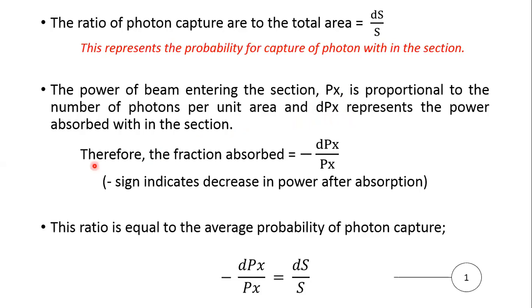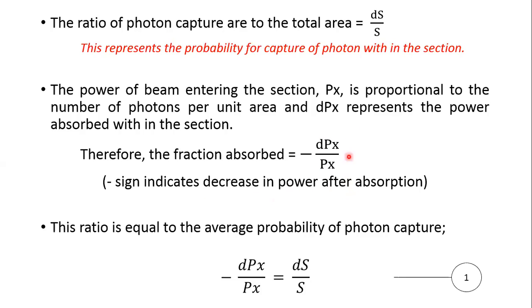Therefore the fraction of light absorbed can be represented by minus dPx upon Px. The negative sign indicates the decrease in power, and the absorption is related to the intensity of the light entering. If the light entering is high, then absorption will also be high. So this ratio gives the total fraction of light being absorbed.